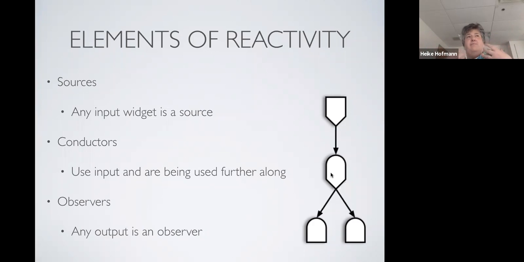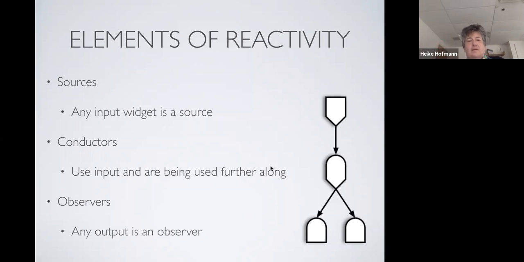So rather than repeating the same kind of filtering process, for example, we move that functionality into something like a function, so into a conductor. The conductor is updated only once, and then it passes the results on to all of the observers that depend on that.